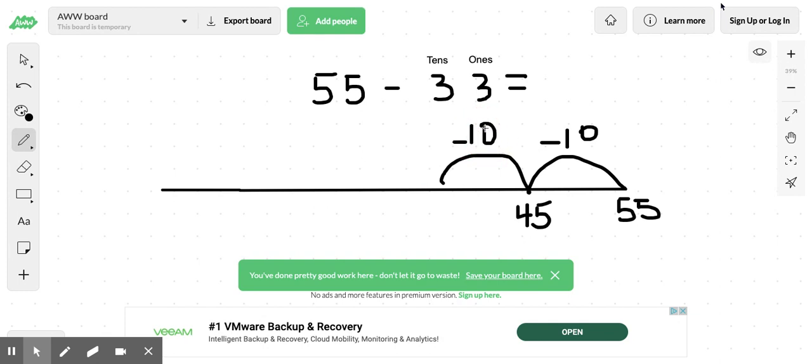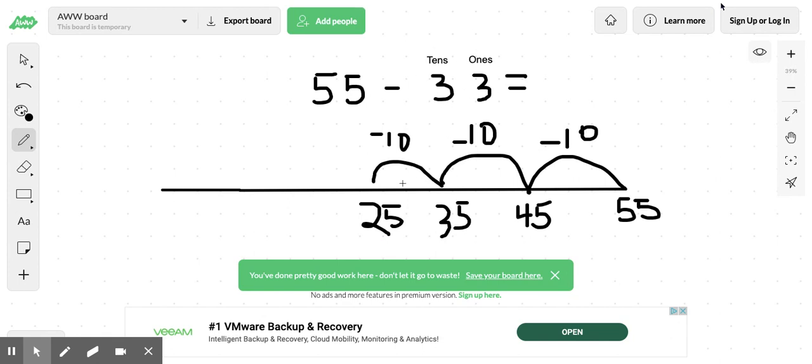Another 10. 35. Another 10. 25. So we've got 1, 2, 3 tens already subtracted.